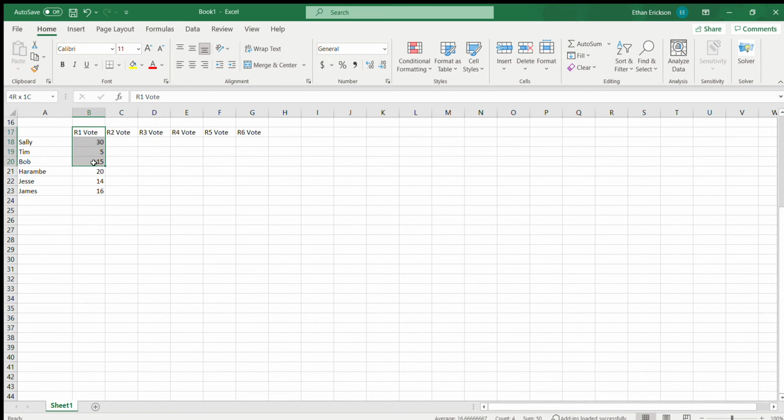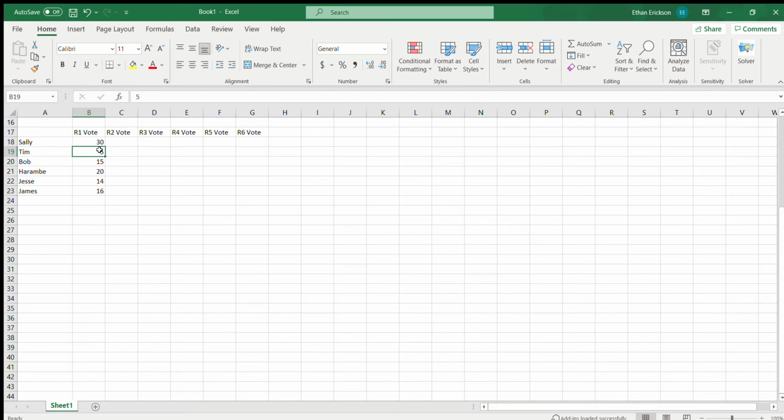As you can see right here, their vote totals add up to 100, and none of them have 51, which is what would be required to win. So how are any of these candidates going to win, you might ask? Well, that's where the ranking comes in.